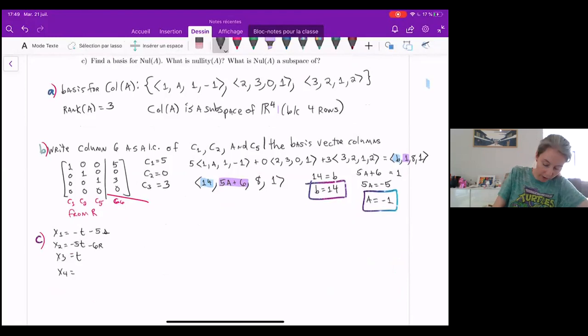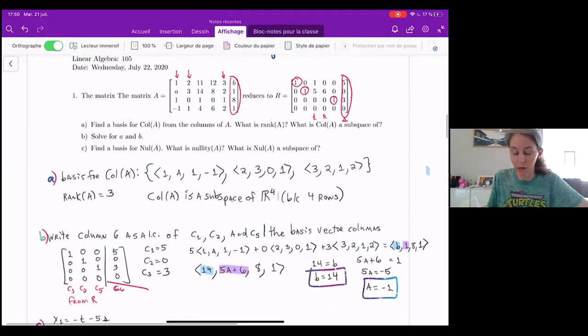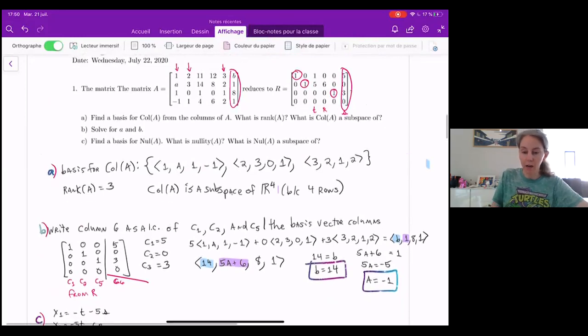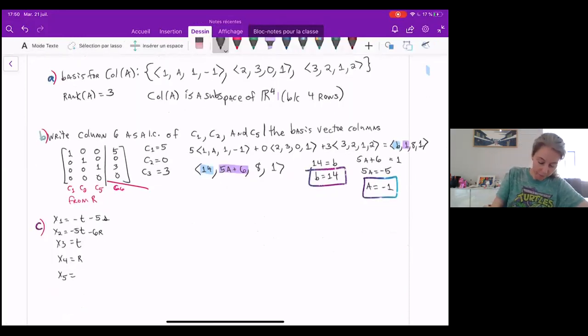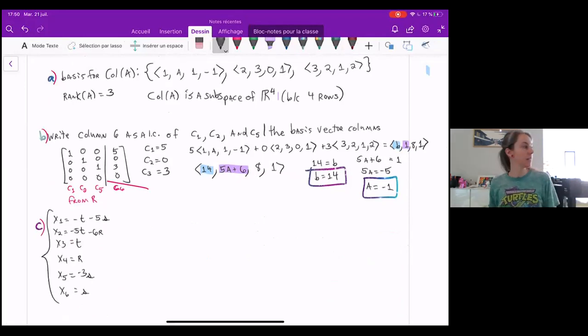It's also a free variable. x5 is not a free variable, and we can see that it is -3s. And x6, that's a free variable again, so that is s. So this right here is the equation of my null space.